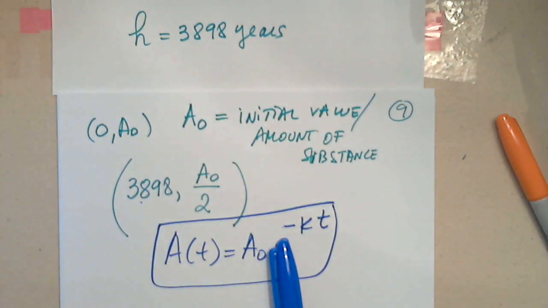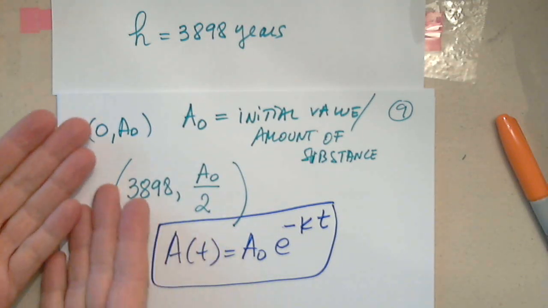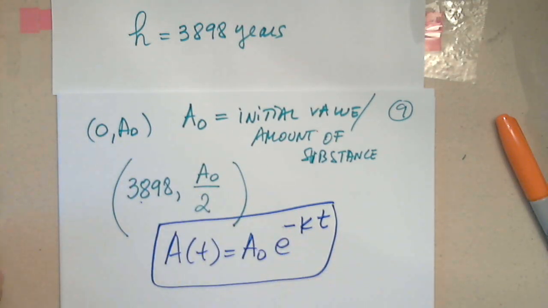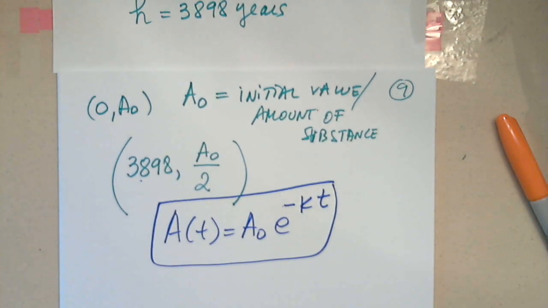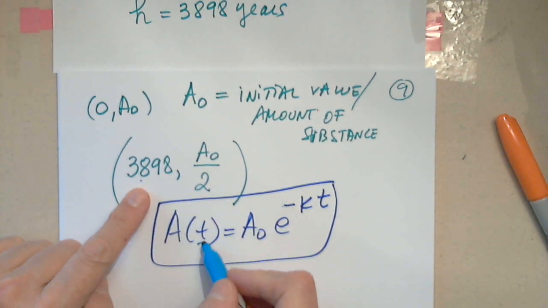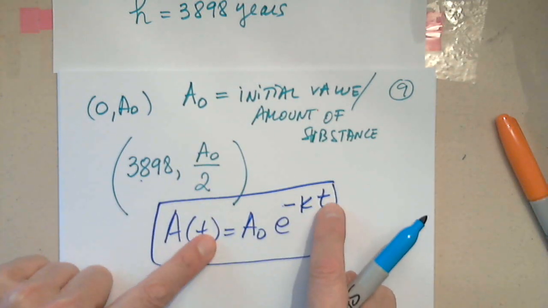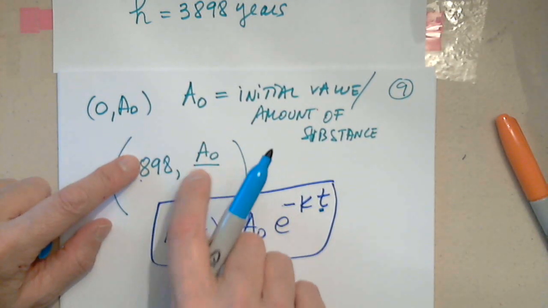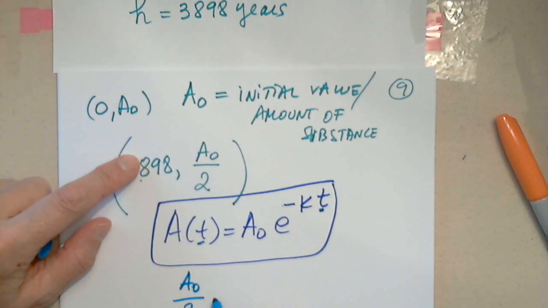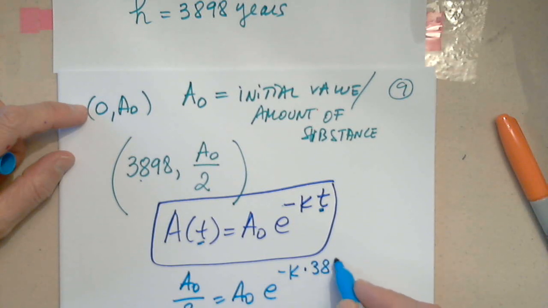That's the only difference. Okay, so if I plug in this point like we did a few minutes ago, when t is 3.898, A(t) is this. So A0 over 2 equals A0 e to negative k times 3.898.